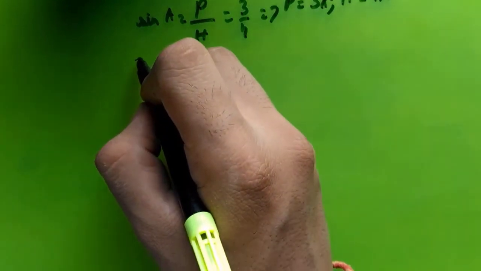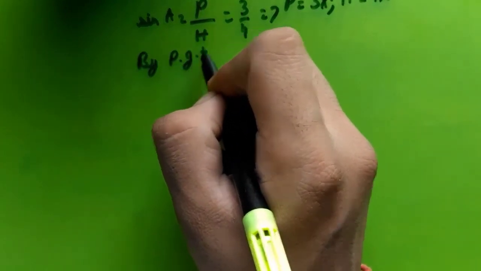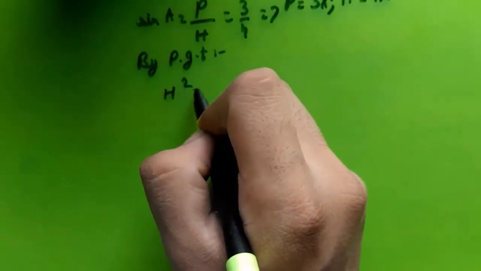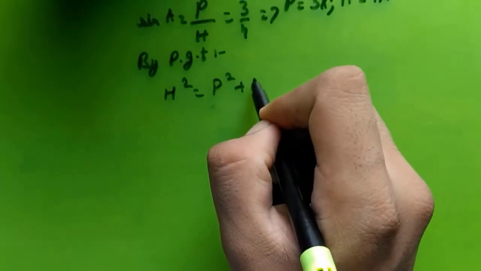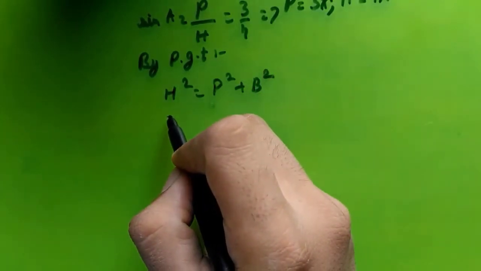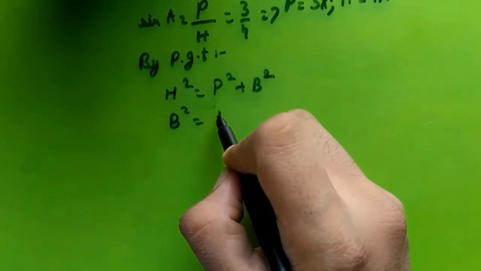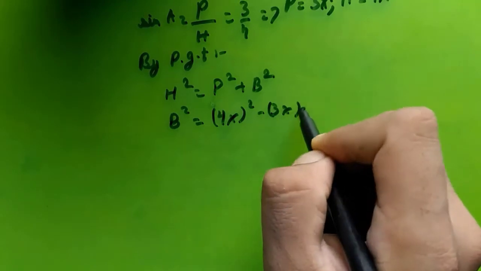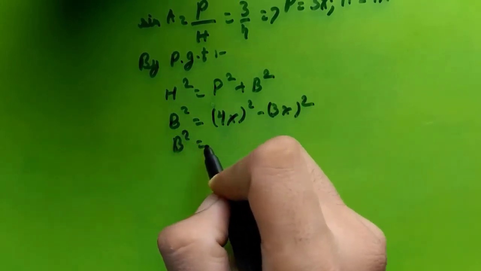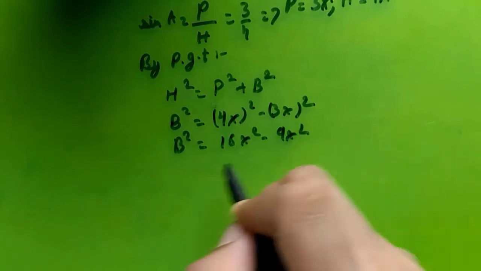We know that by Pythagoras theorem, hypotenuse square is equal to perpendicular square plus base square. Therefore base square is equal to hypotenuse square minus perpendicular square, which will be 4x square minus 3x square. Base square equal to 16x square minus 9x square.